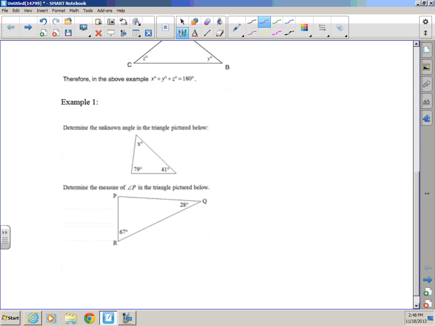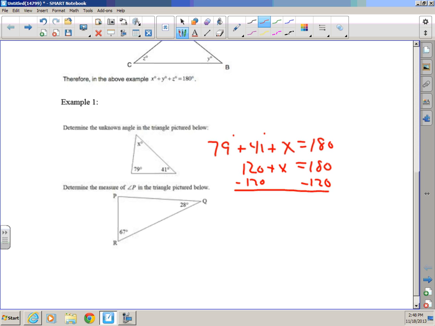If I have 79 degrees for one angle, 41 degrees for another, and x for the third, they must total 180 degrees. So I just solved this very straightforward equation so that I get x to be 60 degrees.